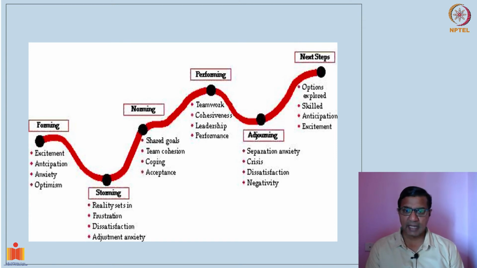So teamwork happens. There is synergy. Synergy emerges within the team. There is also cohesiveness. The cohesiveness becomes high. The bonding between the team members becomes high because friendship ties become close. And also the leadership plays a very important role here.